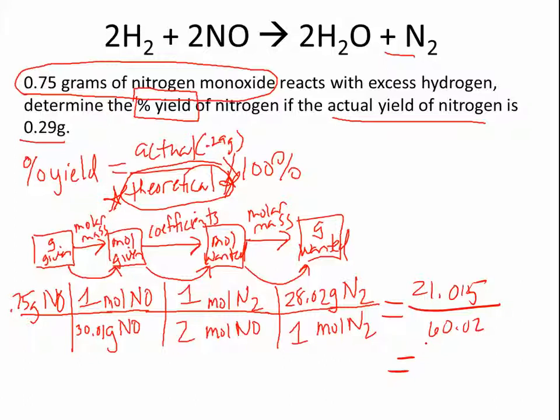So 21.015 divided by 60.02 equals 0.35 grams of nitrogen.